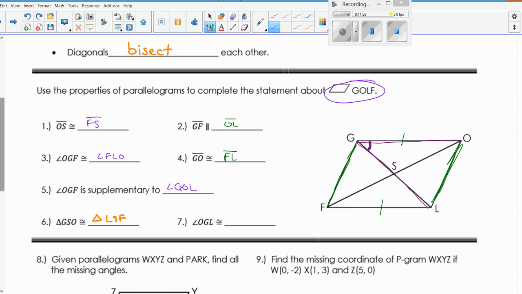So that angle is actually congruent to this angle right here. And the reason is if I extend this, you guys should be able to see that this is a transversal because of parallel sides, and alternate interior angles are congruent. So parallel lines cut by a transversal means those are alternate interior angles. So I would say angle, one way to name that angle would be angle FLS. Okay?